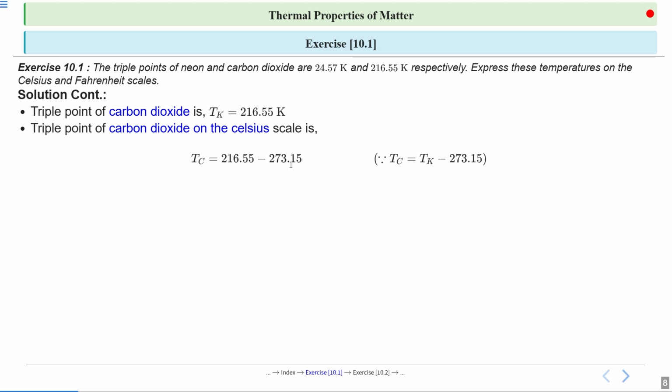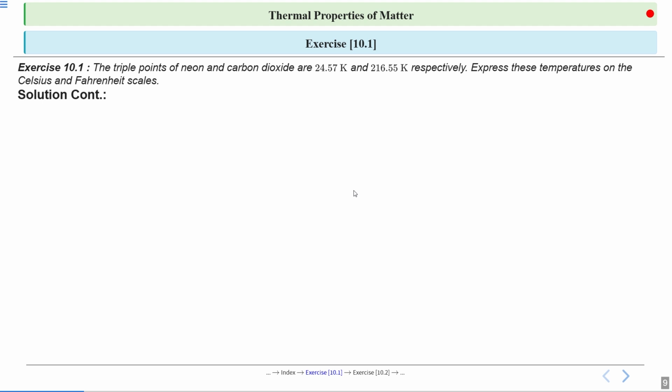All right, because we know the relation to convert Kelvin to Celsius, that is Tk minus 273.15. So after subtraction, the triple point of carbon dioxide on the Celsius scale is minus 56.60 degrees Celsius. All right.